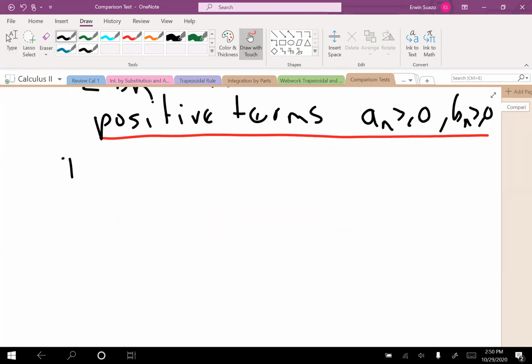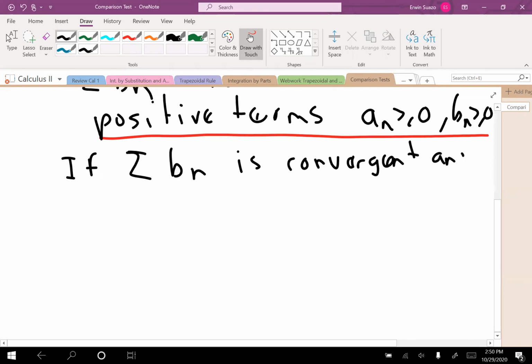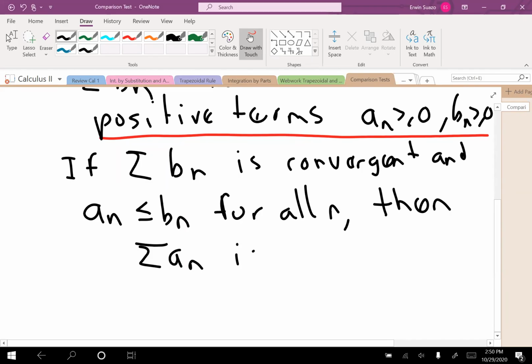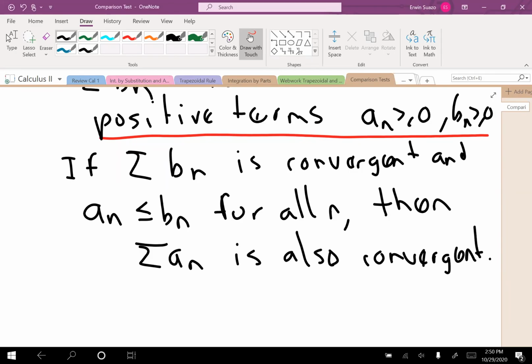If the sum of B_n is convergent, and A_n is less than or equal to B_n for all n, then the sum of A_n is also convergent. Okay, so that's part one of the comparison test.